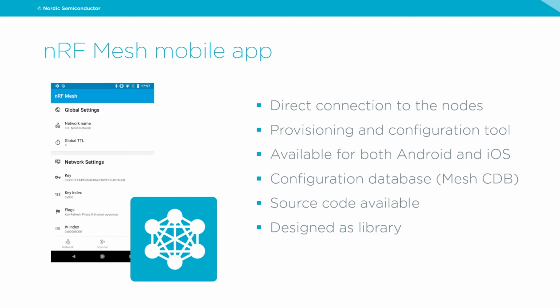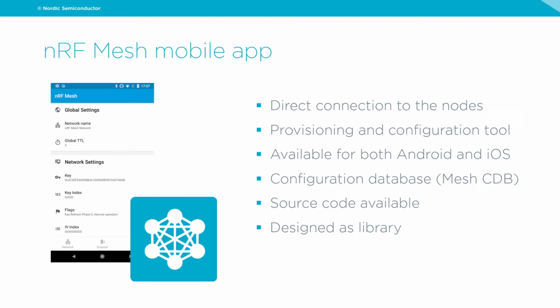So when you do provisioning and configuration, this is stored in a JSON-based database that follows the Mesh CDB spec, and this is needed for storing your data about the network. The provisioning tool is basically the one that contains all the setup information of your network. So this is important data, and by following the spec, it's easy to integrate with other systems.